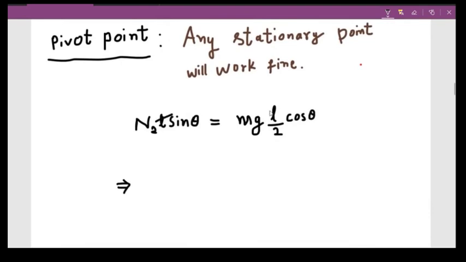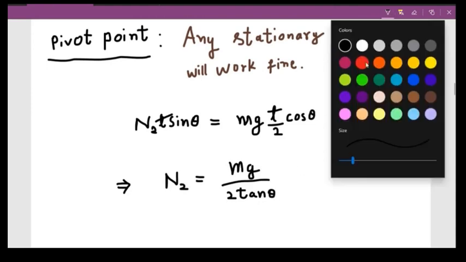It implies L and L will get cancelled out. That means N2 will be equal to mg divided by 2 tan theta, since sin theta by cos theta equals tan theta. So we have found N2.